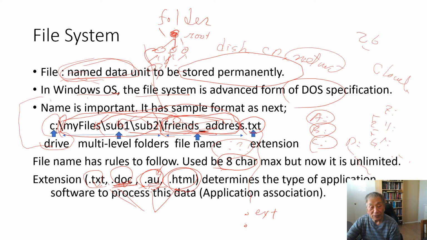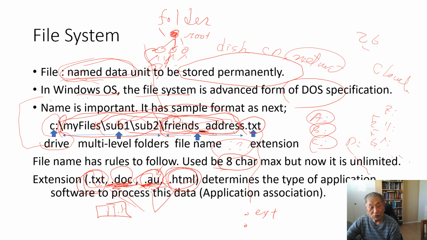HTML is for websites. The extension gives you the idea, and the operating system, when opening a file with this extension, will know what kind of program to open it with.